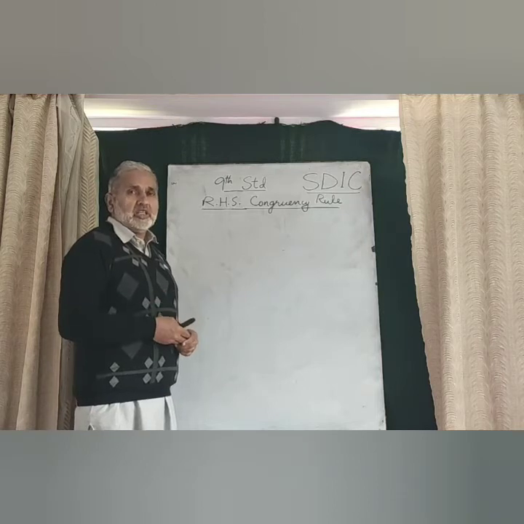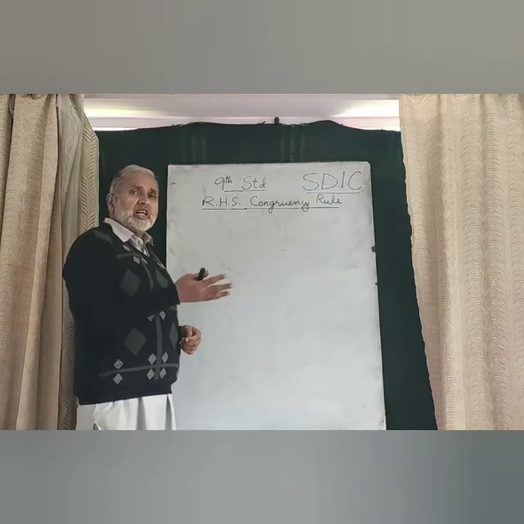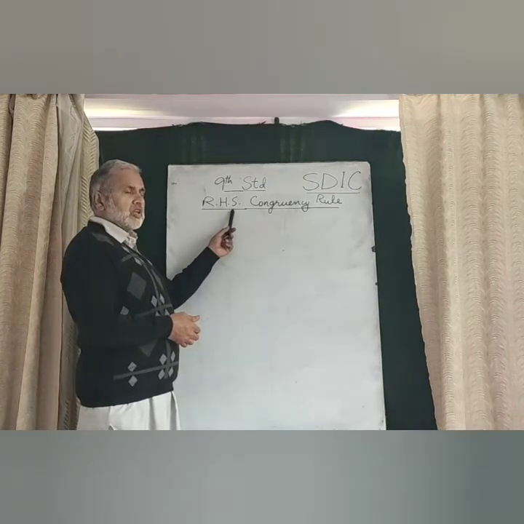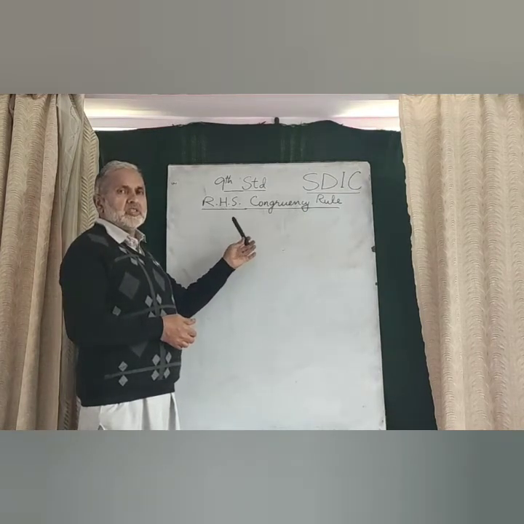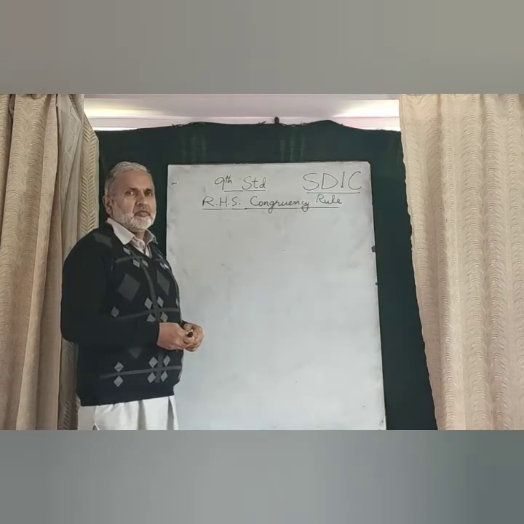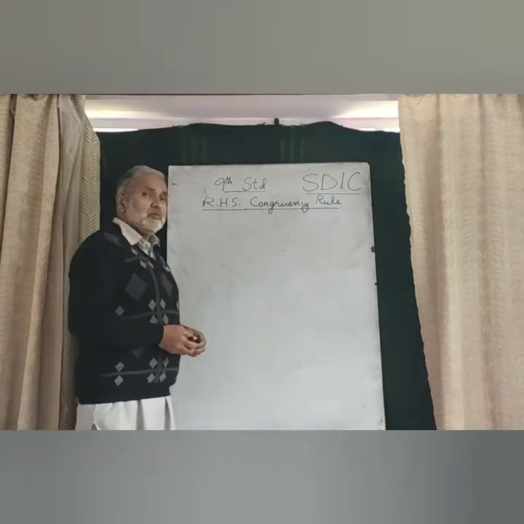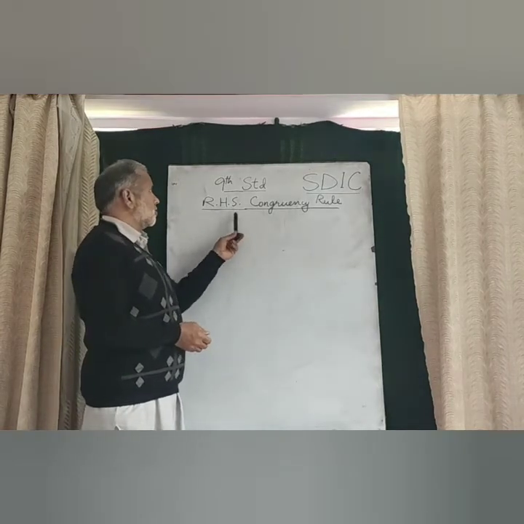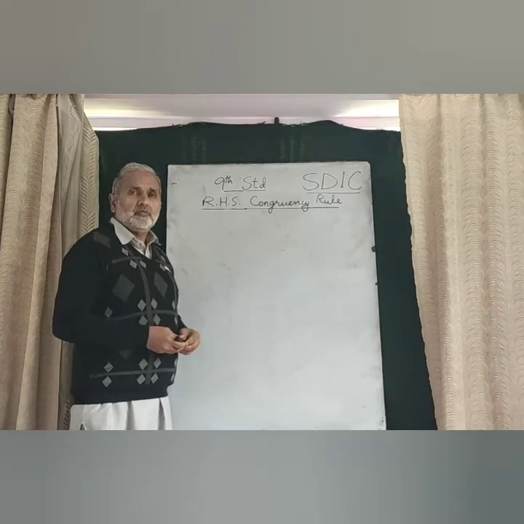You have to choose one side there also, but it should be the corresponding side of the side you have chosen here. Any side can be taken from the first triangle. From the second triangle, you then have to use the corresponding side. If this is the information available to us, we can say the two triangles are congruent, and the congruency rule used is the RHS congruency rule.